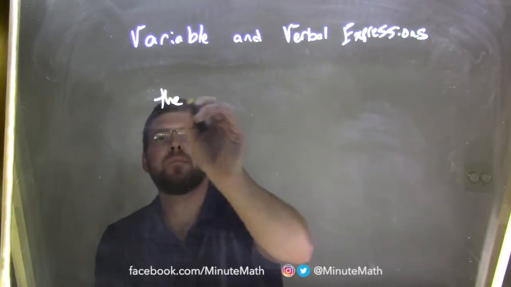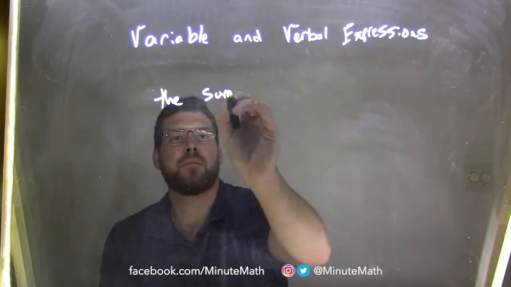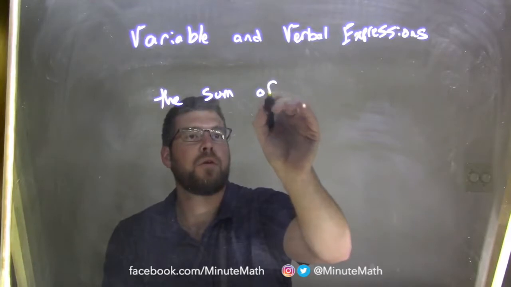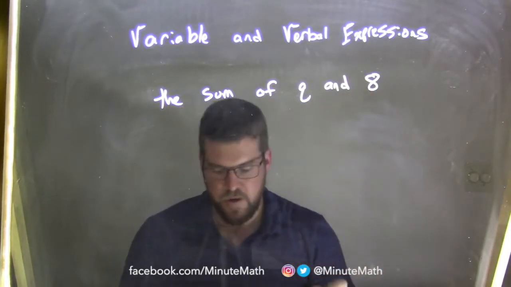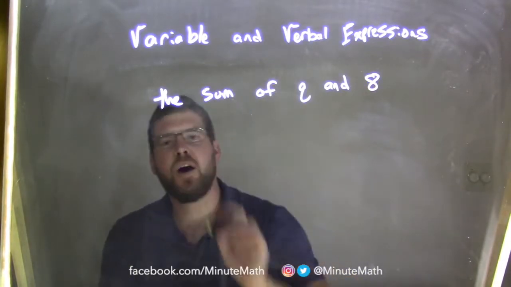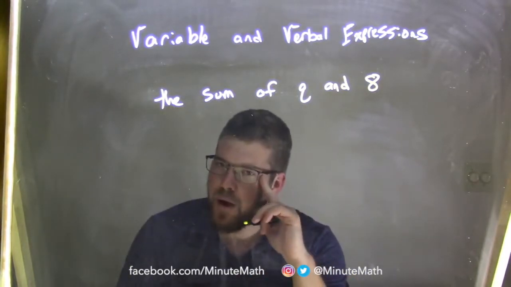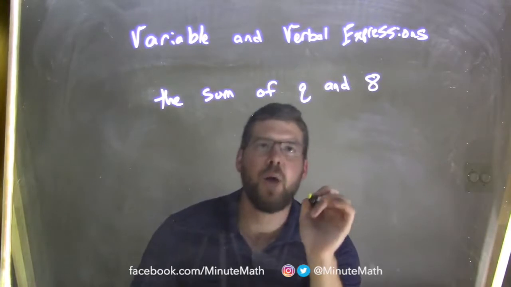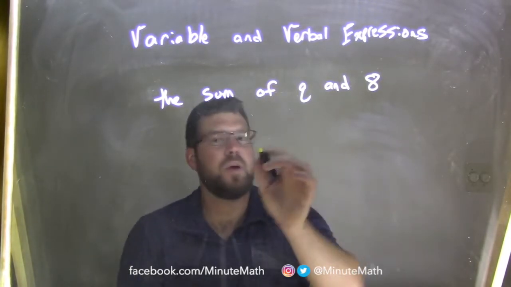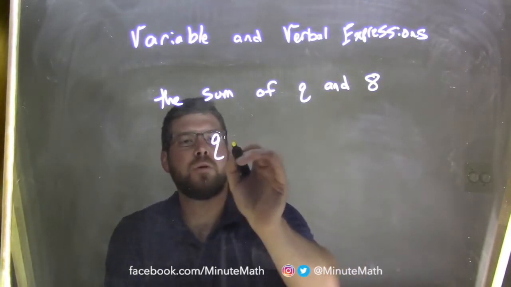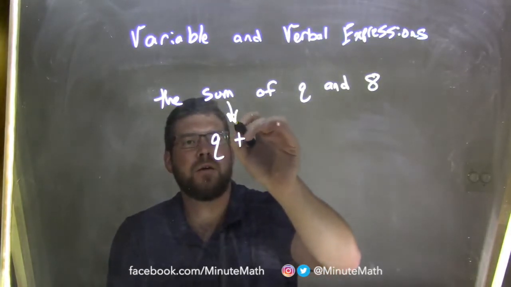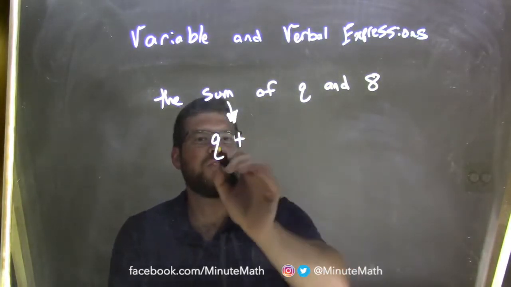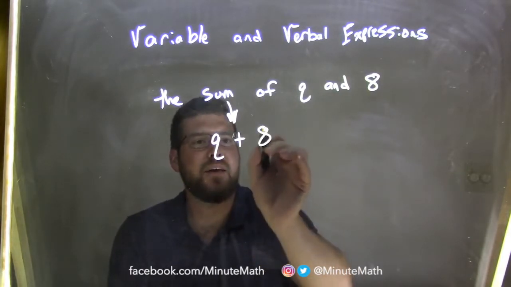The sum of q and 8. Immediately I'm seeing sum. That should trigger in my mind addition. The sum of q and 8. q is written first. So the sum of q, addition, that's where the sum comes in. Sum of q and 8.